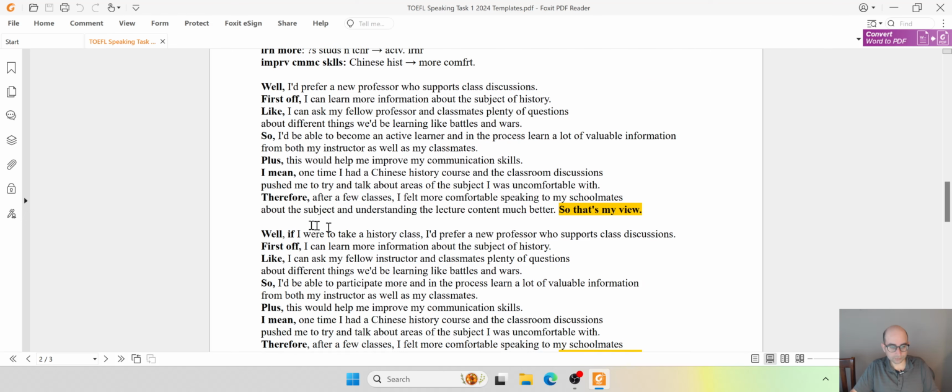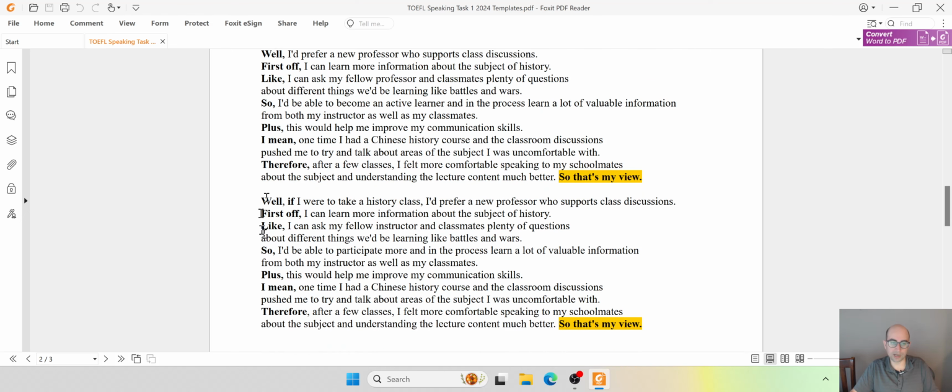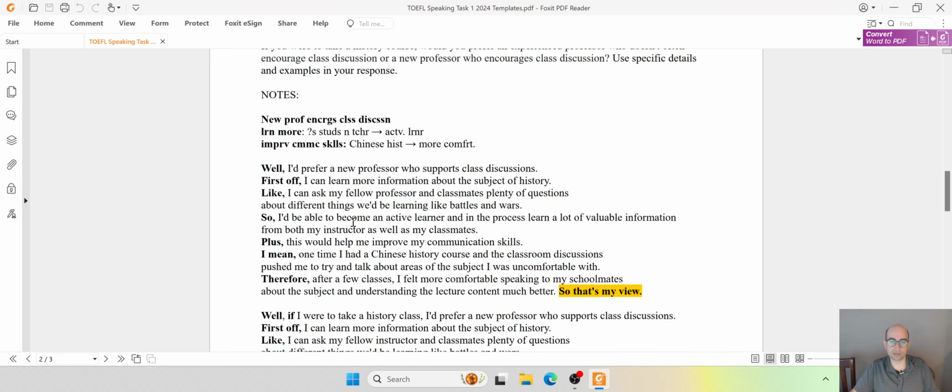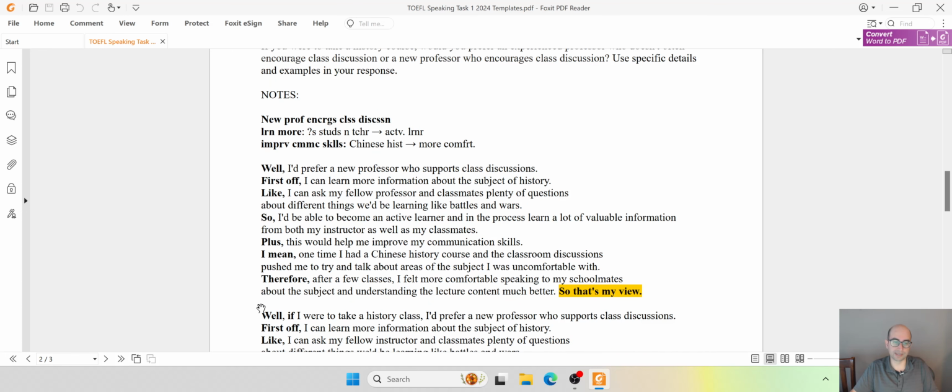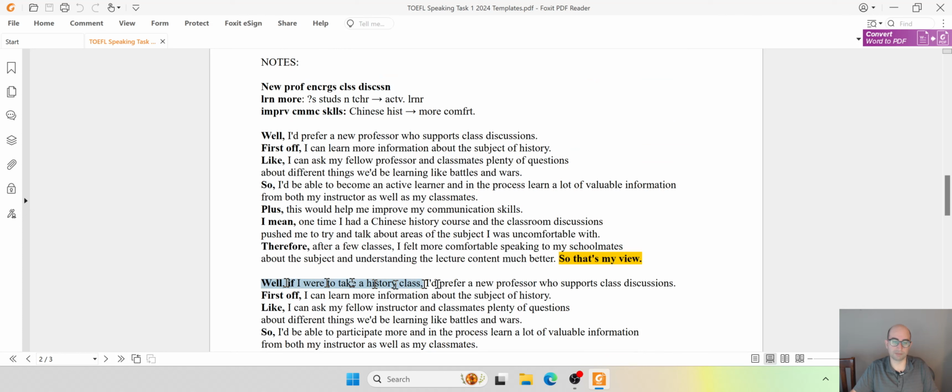Okay. Now, I wanted to mention I have a variation here of that same paired choice question. So if they frame it as an if sentence, you could actually present that in the beginning of your response, and that's a nice complex sentence that can really boost your grammar score here. But if it slows you down, just do it the ordinary way, like, well, I definitely prefer to do this.